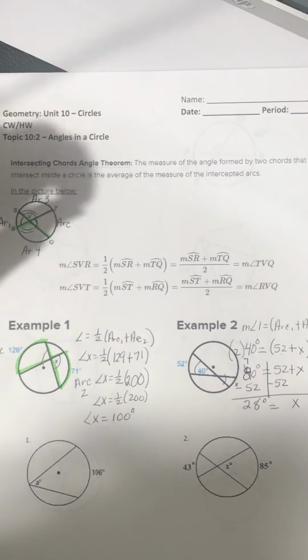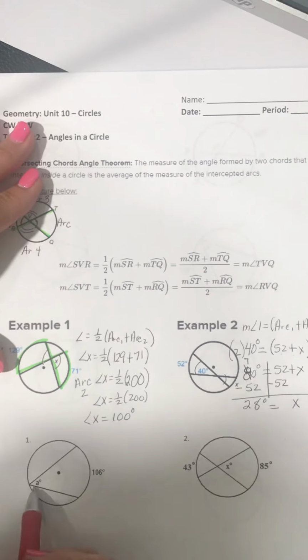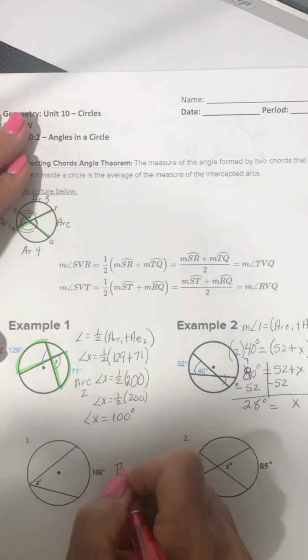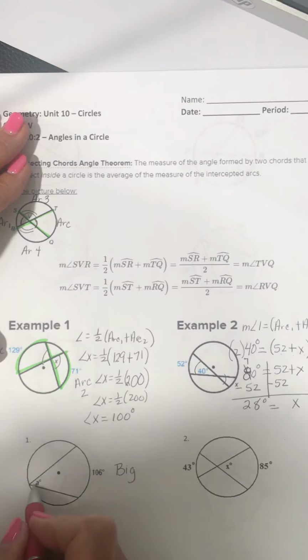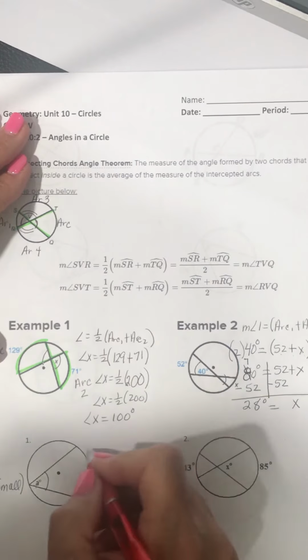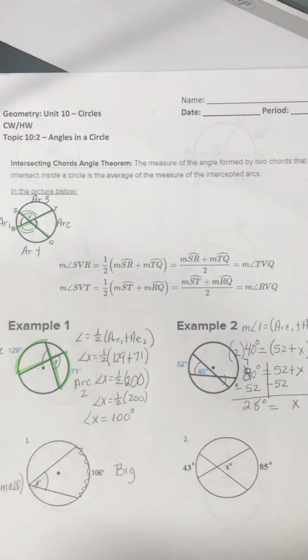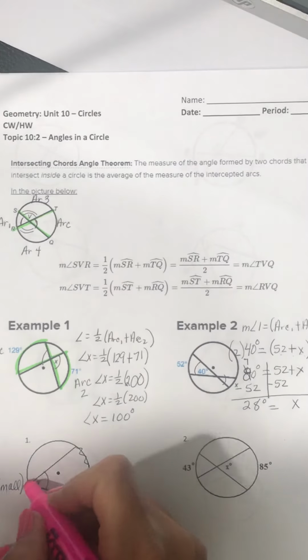Okay, let's do another one. Hey, this time I'm looking and we're saying this is not in the middle, it's on the circle, and this is where we end up with big, and this is the small. Inscribed angles, don't forget the angle is smaller than the intercepted arc. Remember, you can always go back and highlight.